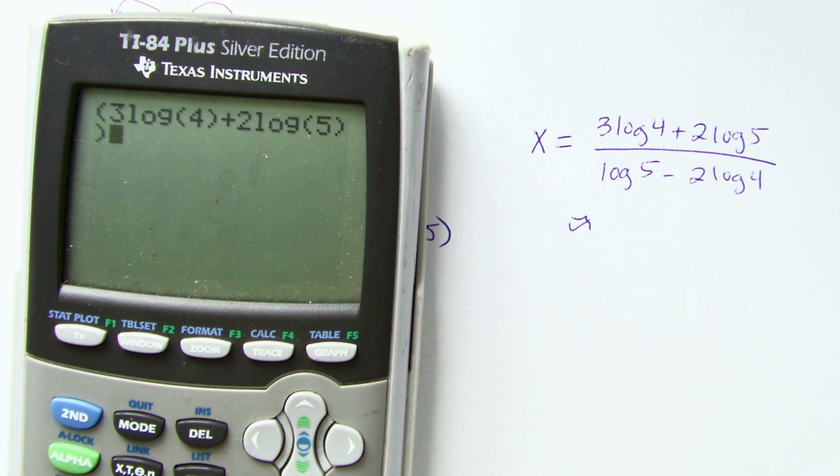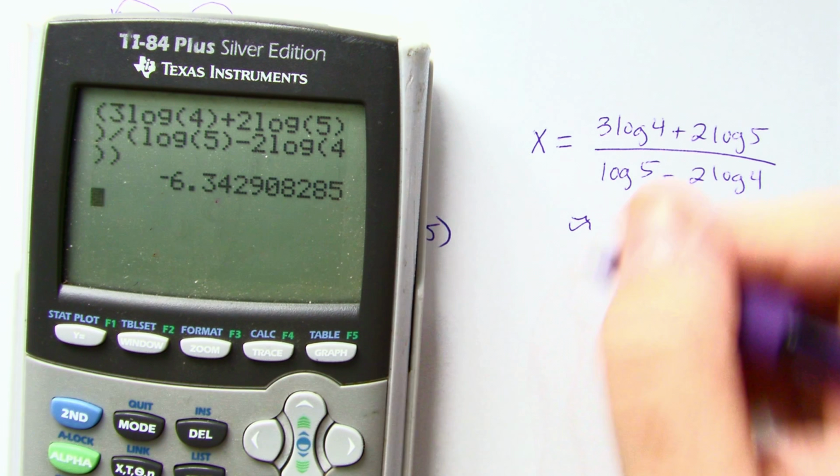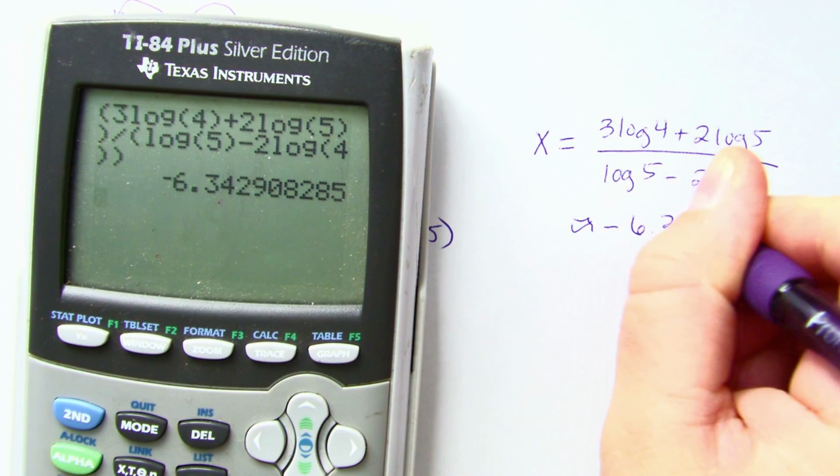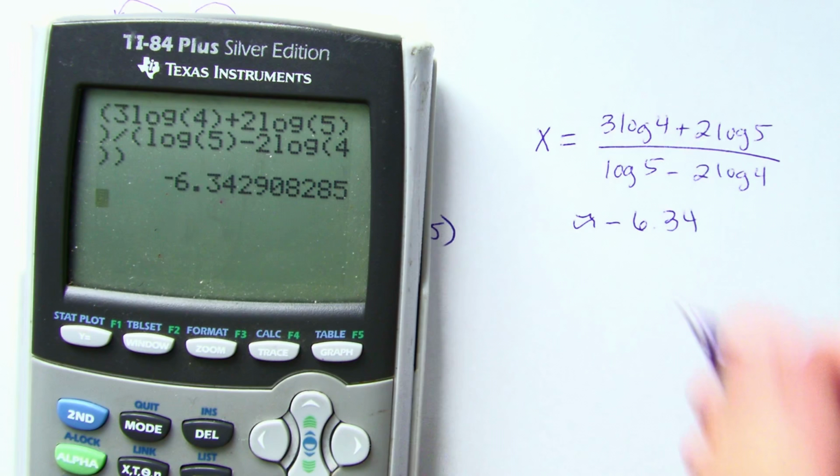So that's the entire numerator in a set of parentheses divided by the entire denominator in a set of parentheses. And that gives me negative 6.34.